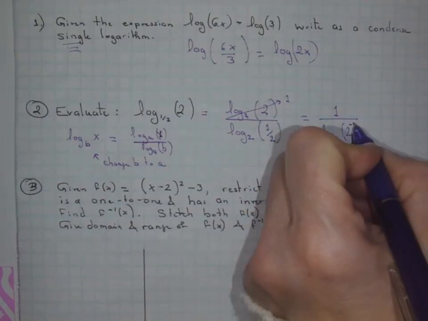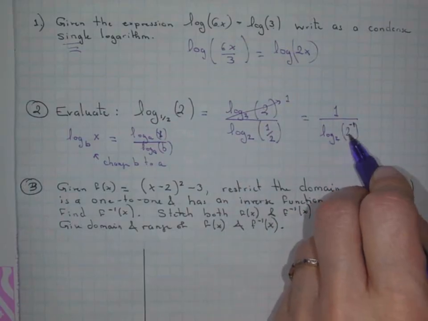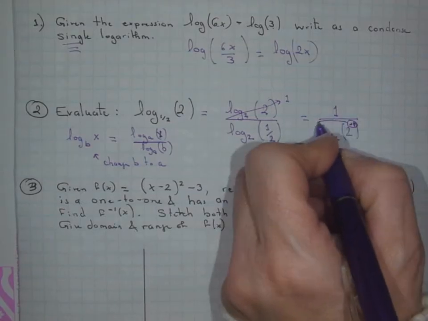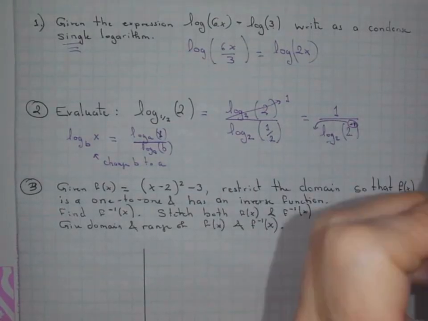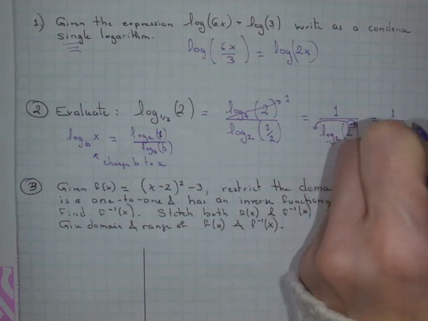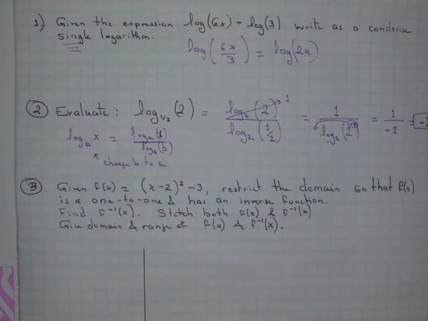And because that's now 2 to the negative 1, I have the base and the argument that are the same, so that goes to 1. This exponent I'm going to take and bring to the front, and so it will be just 1 over negative 1, which is just going to be a negative 1, okay?